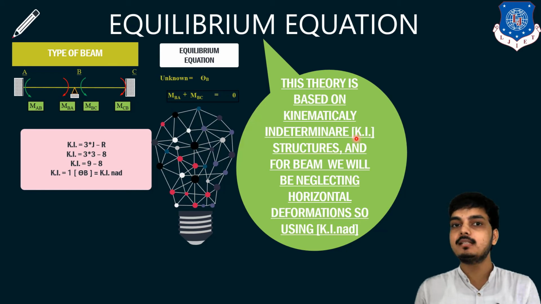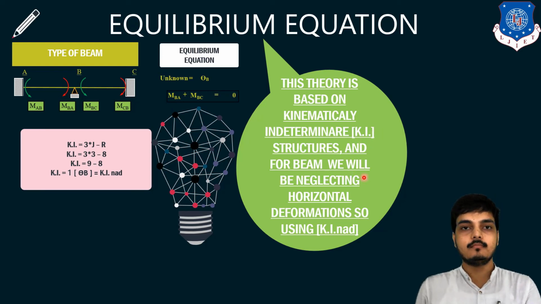But if it is a simple support, it will only resist vertical reaction and horizontal reaction and not moment. So that moment is my Ki for a simple support. If we consider a roller support, it resists only vertical reaction and not the other two. The other two are moment and horizontal reaction. So those two are my Ki. So that is kinematic indeterminacy.